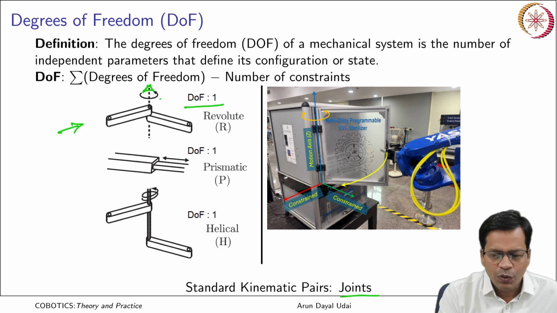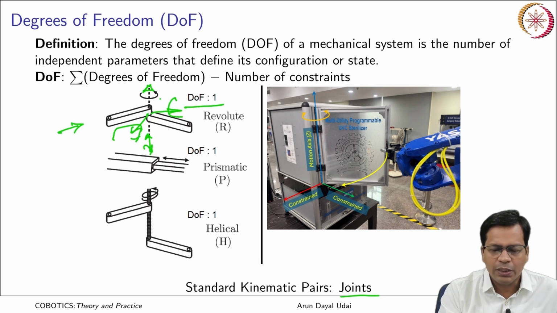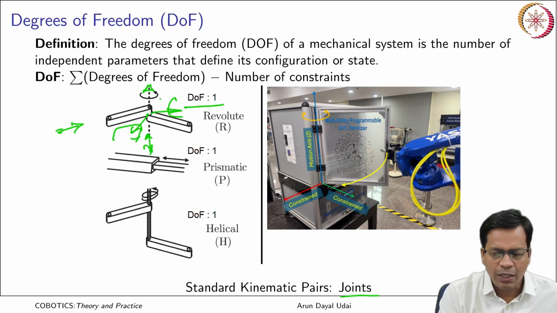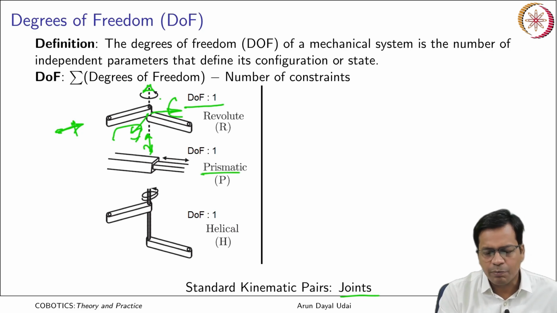These 5 constraints include translation along this direction and this direction, rotation along this, and translation along the vertical axis. So altogether 5 degrees of freedom are constrained, and one of them is left free, about which this joint is defined. So this is a revolute degree of freedom. Next one is a prismatic joint.